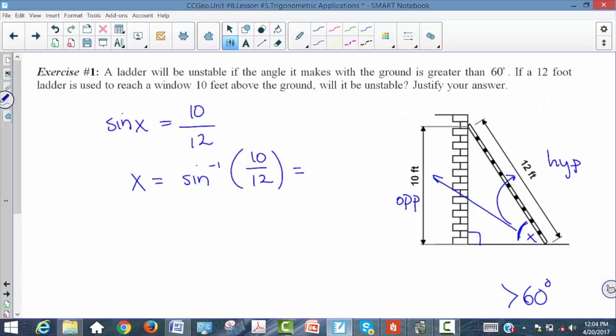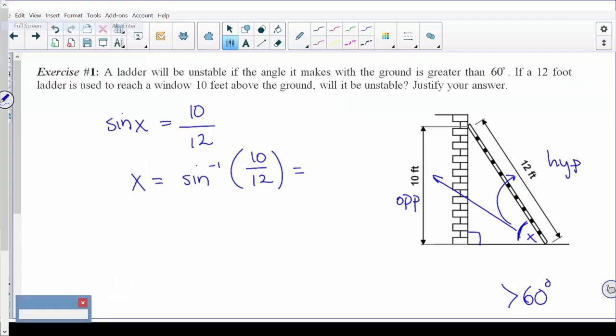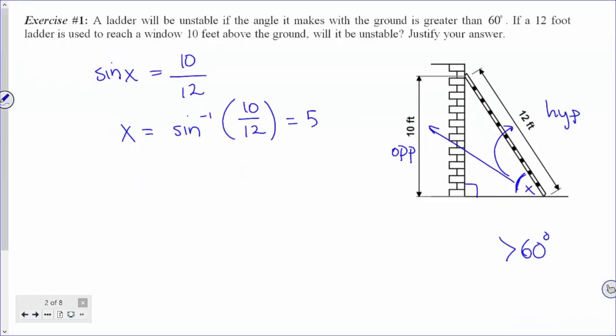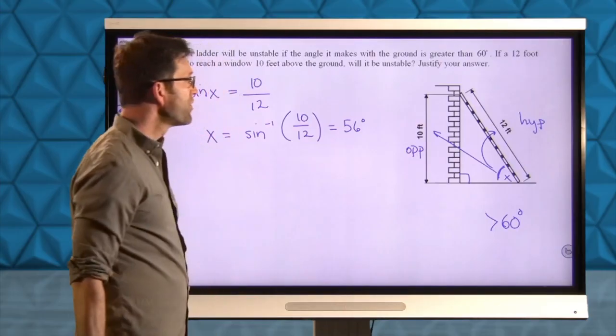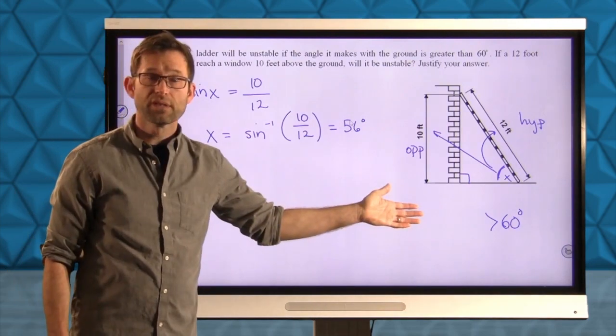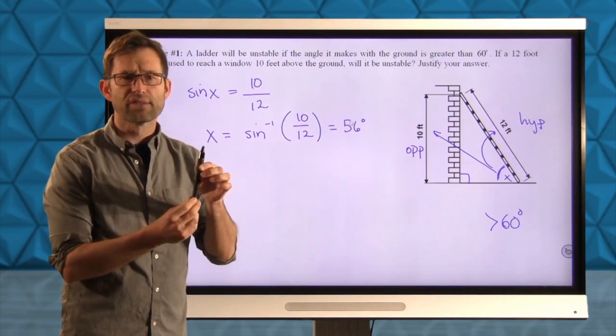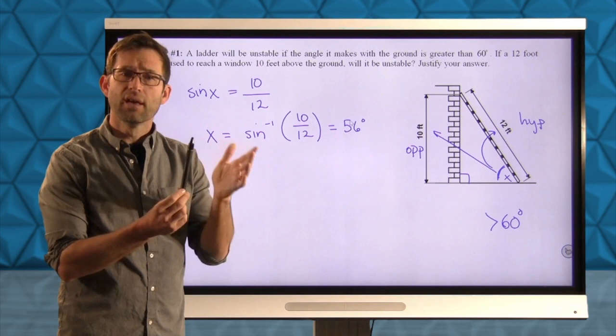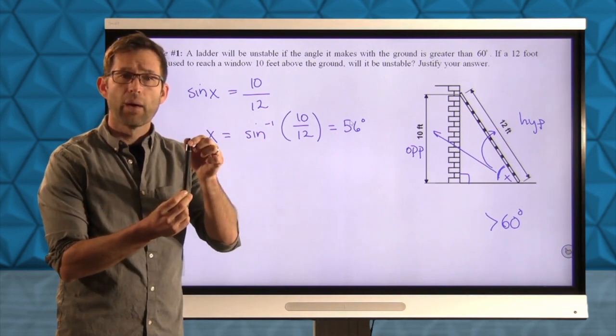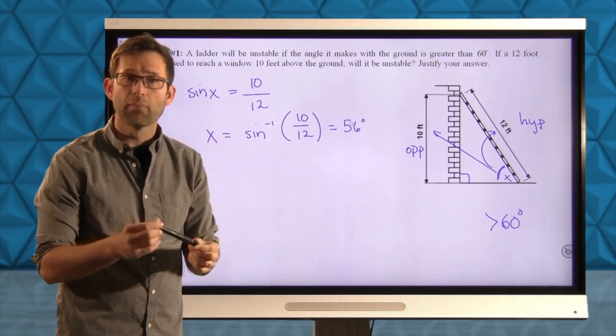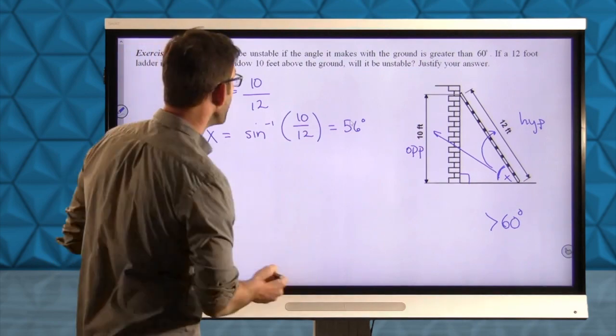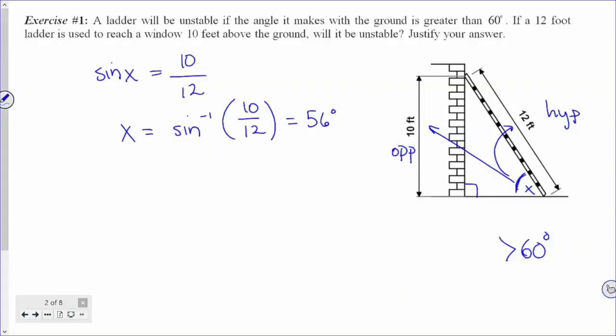I'll keep it at that rounding level, because all I needed to do was figure out whether that angle was greater than 60 degrees. If the angle of a ladder gets too high, the ladder gets too vertical and will have a tendency to become unstable and slip. This one says, if a 12-foot ladder is used to reach a window 10 feet above the ground, will it be unstable? And the answer is no.